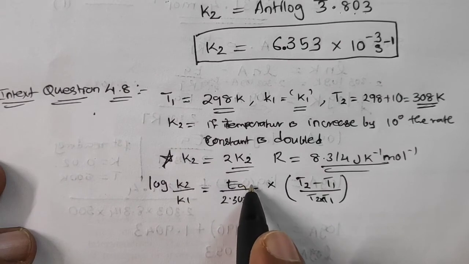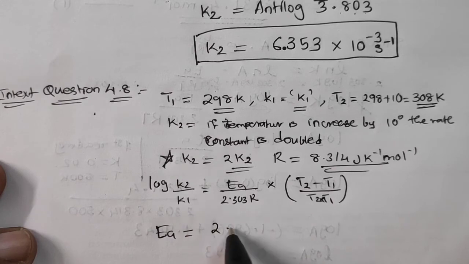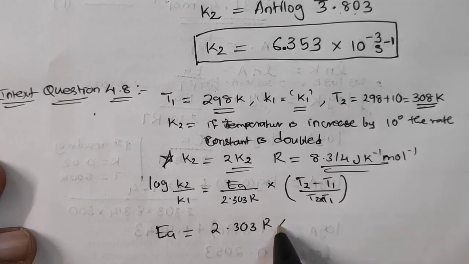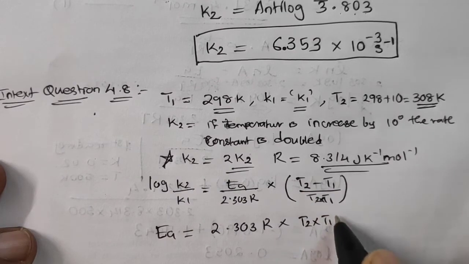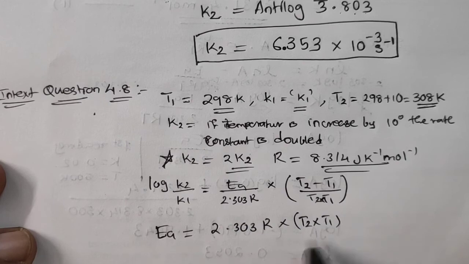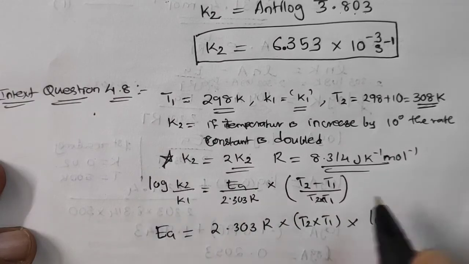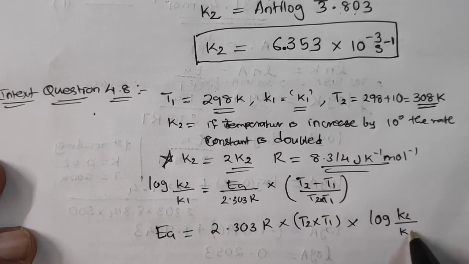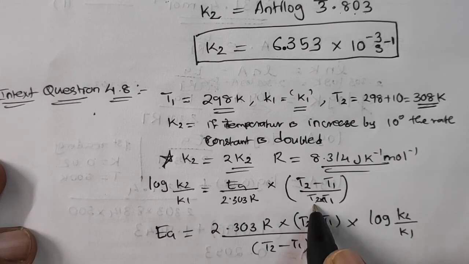We need to find EA. So EA is equal to 2.303 R into T2 into T1, and the log part goes to the other side: log K2 upon K1, whole upon T2 minus T1. The numerator goes to the denominator and the denominator goes to the numerator.